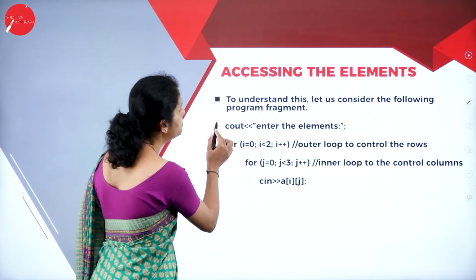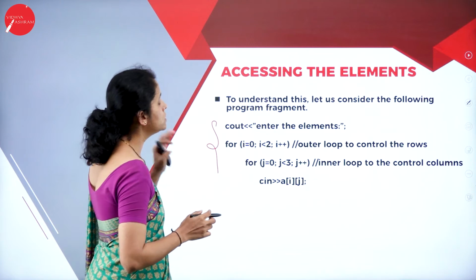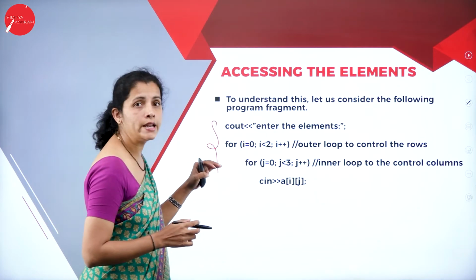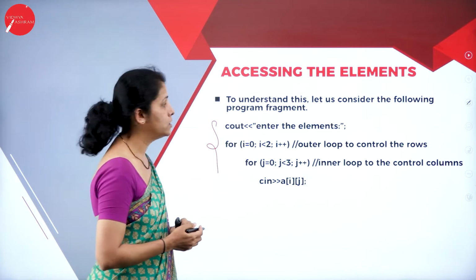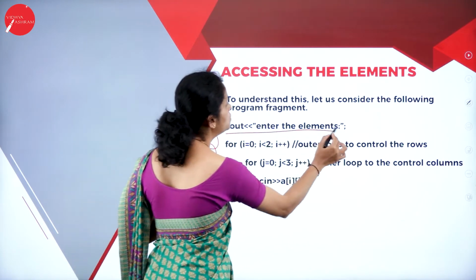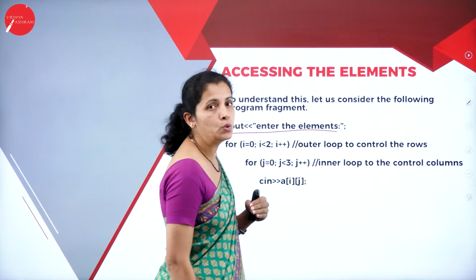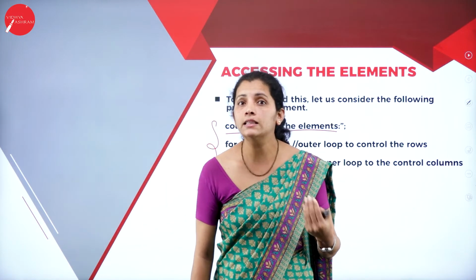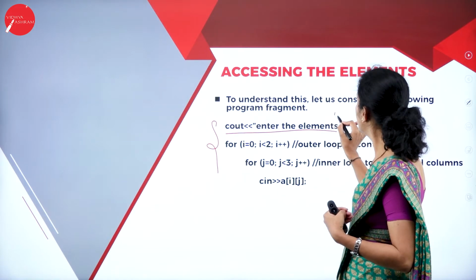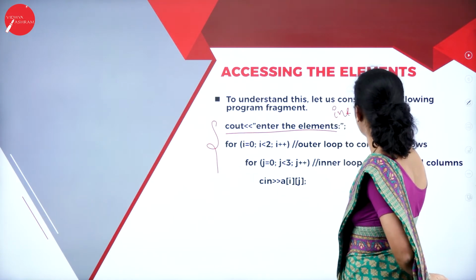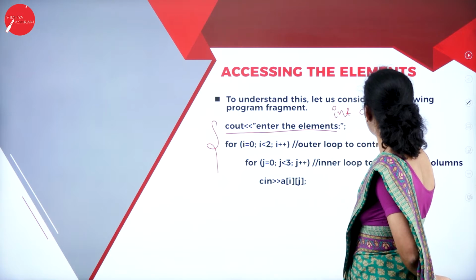Now this is the simple code. This code is used to illustrate how to read input from the keyboard. So this is the message to the user. What does the user want to do? The user wants to enter the elements. For example, it is int A of 2 cross 3.